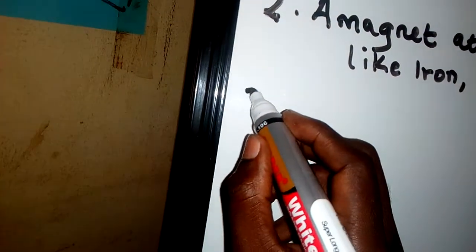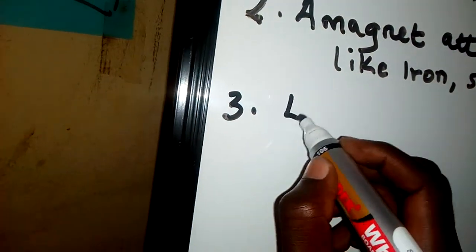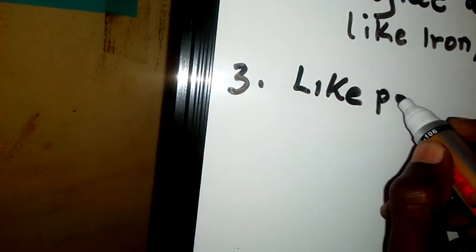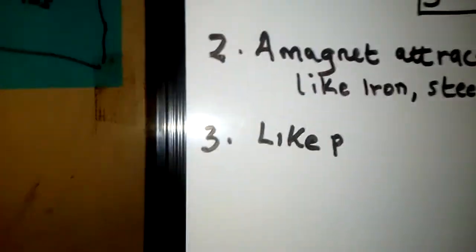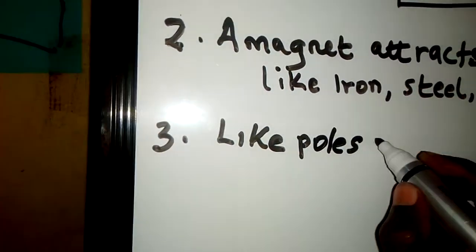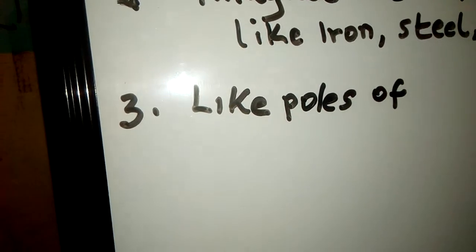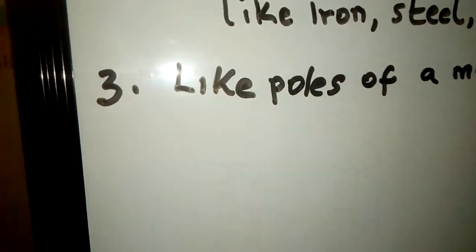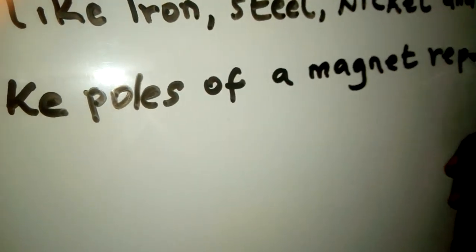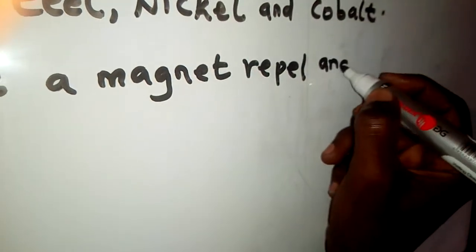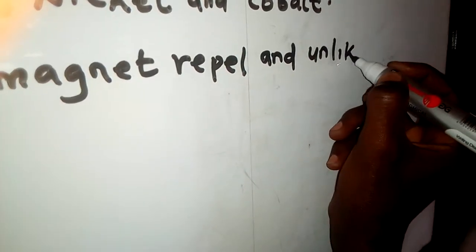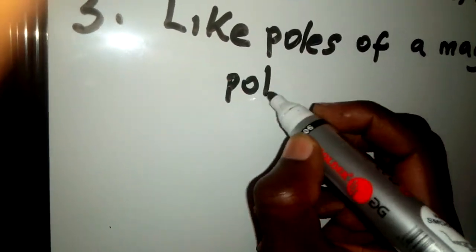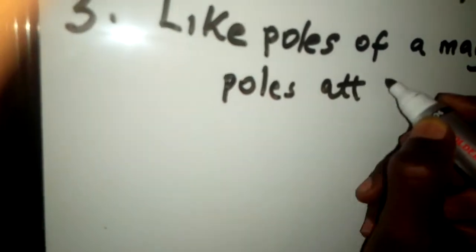The other property of a magnet, the third one, is like poles of a magnet repel and unlike poles attract.